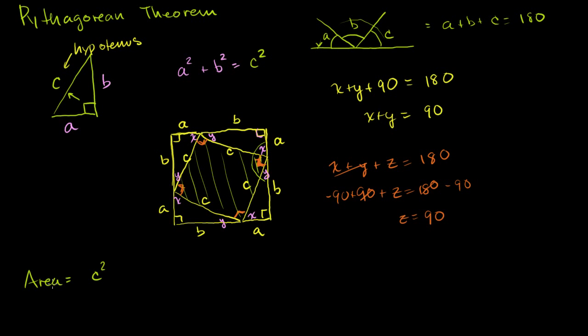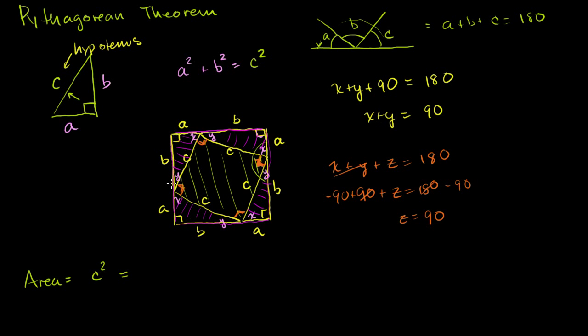But how else could we figure out that area? Well, it would also be the area of this larger square, this whole square over here, minus the area of these triangles. That also would give us the area of that inside square.